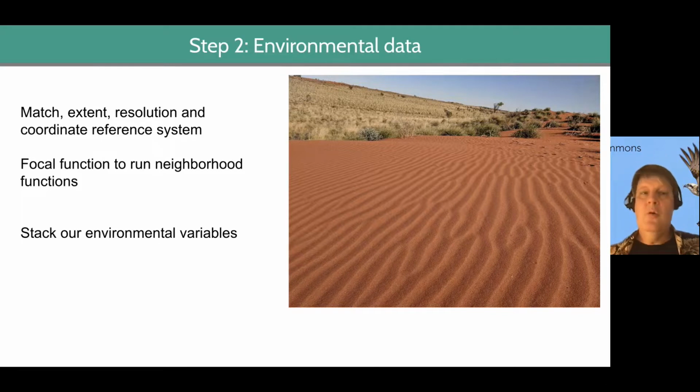And you need to have the same coordinate reference system. And this is where a lot of people go awry. If you're not careful, you can take two environmental data sets and stack them, but they have different coordinate reference systems, which means that when you overlay your occurrence points for that species at that location, it's picking up the correct location for one environmental variable, but it's picking up the wrong environmental data from another environmental raster layer.